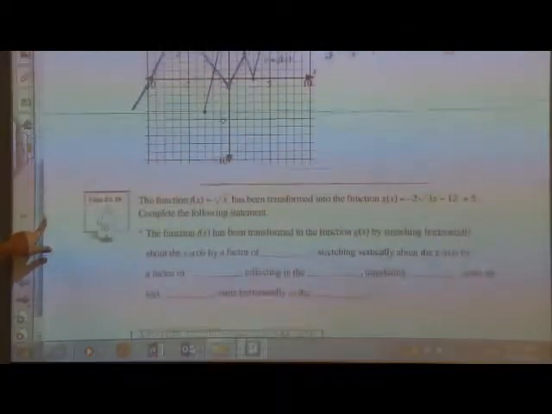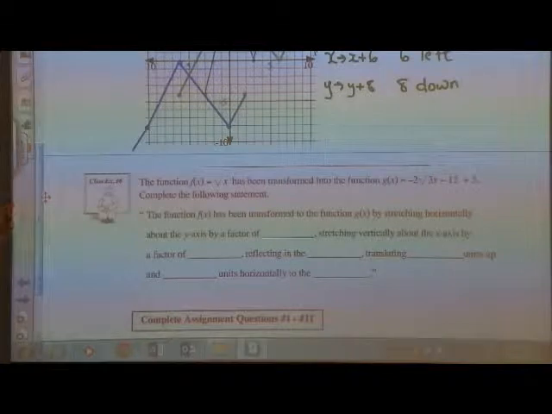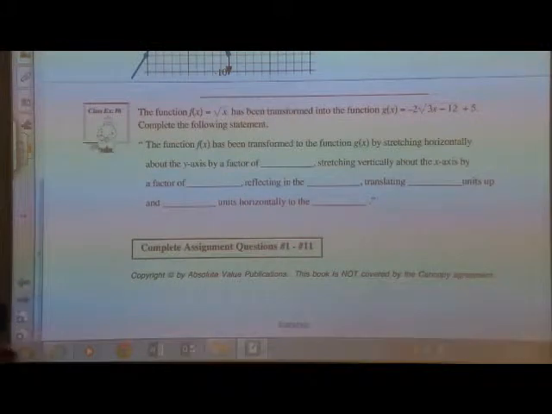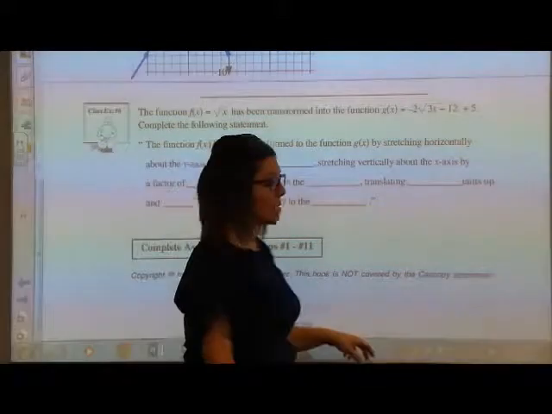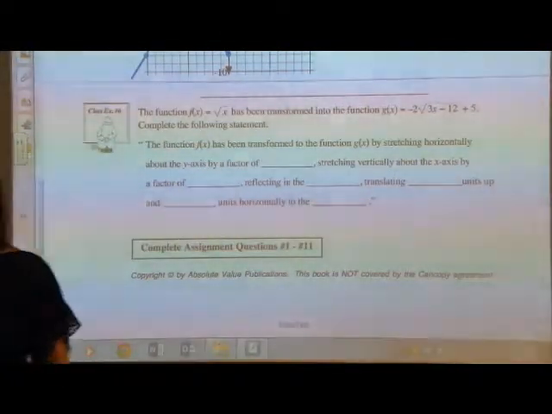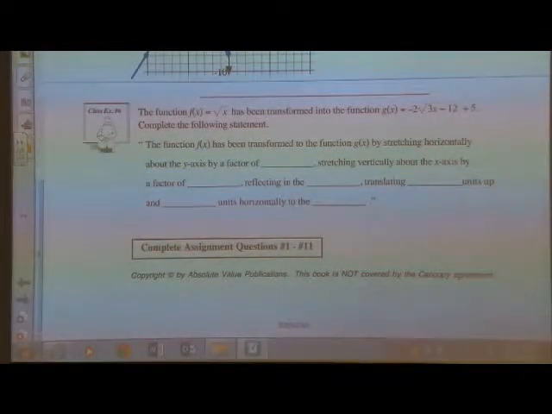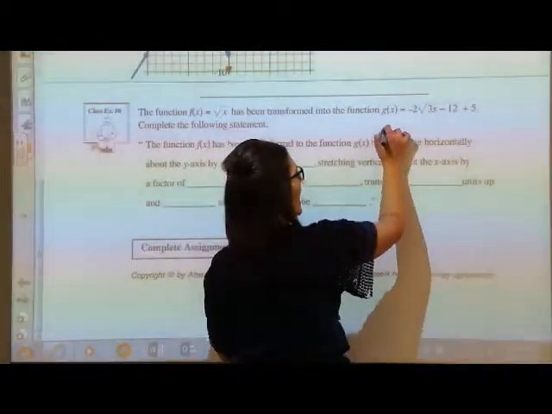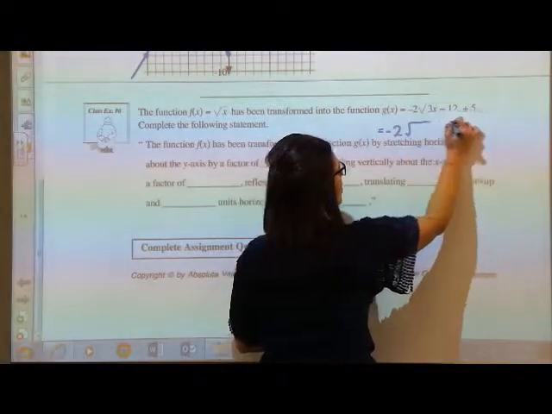So if we look at class example number 6, the function f of x, which equals the square root of x, has been transformed into the function g of x, which is negative 2 times the square root of 3x minus 12 plus 5. Again, before we figure out our replacements, we need to rewrite this equation so that my coefficient on x is equal to 1.